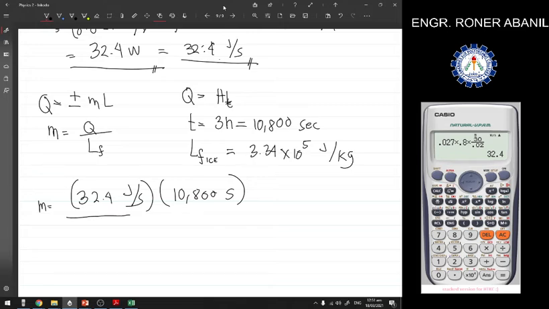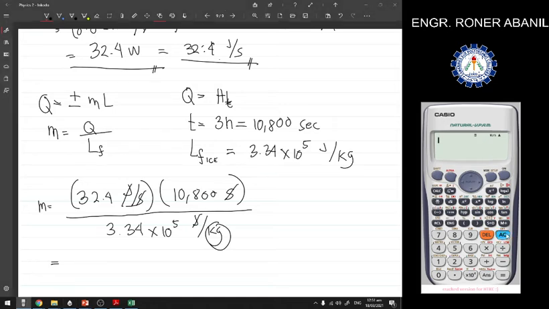All over, the LF ng ice is 3.34 times 10 raised to 5th power na joules per kilogram. So, yung joule natin, matitira is kilogram, no? Yung seconds, makakancel din. Matitira is kilogram.